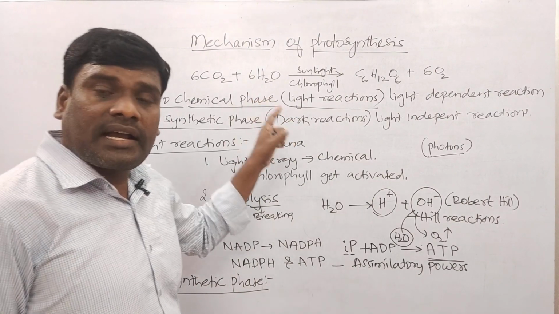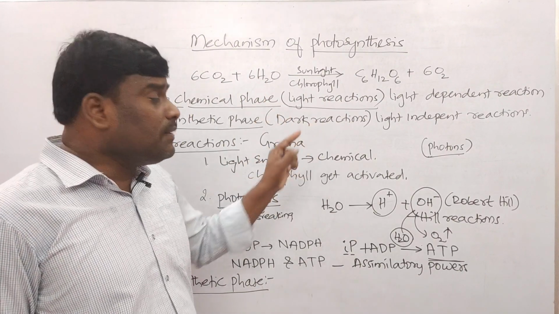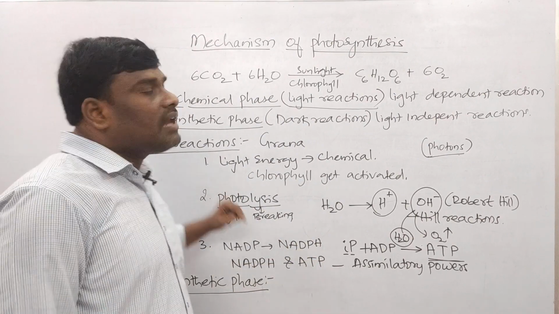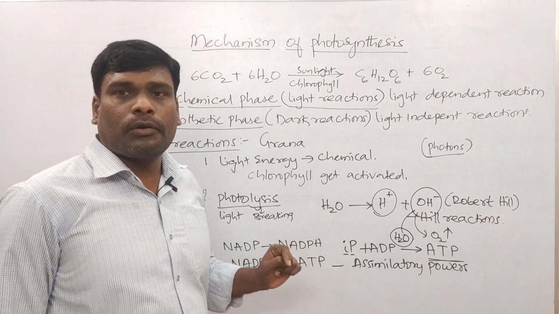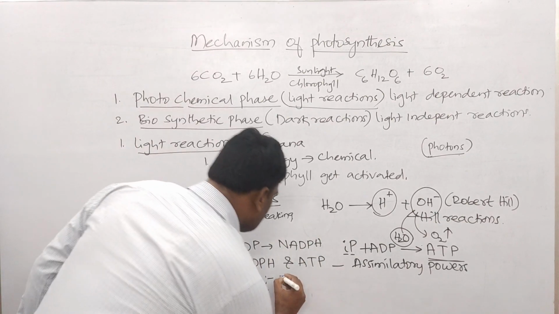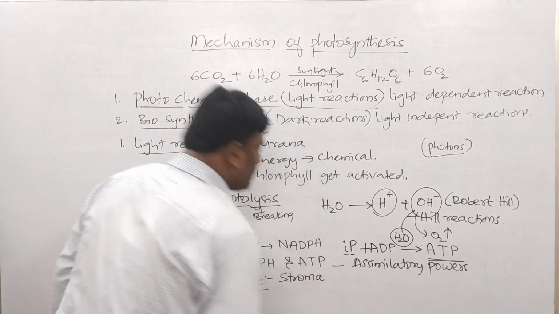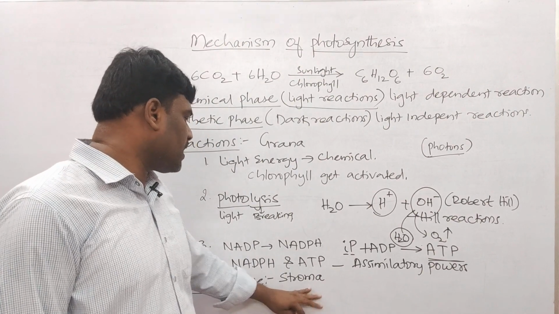No, it will occur in the daytime as well as at night. Immediately after the completion of light reactions, children, dark reactions occur in the stroma of the chloroplast, isn't it?